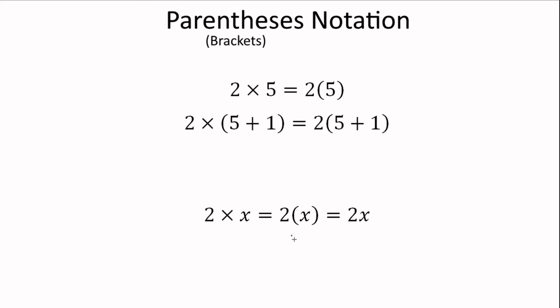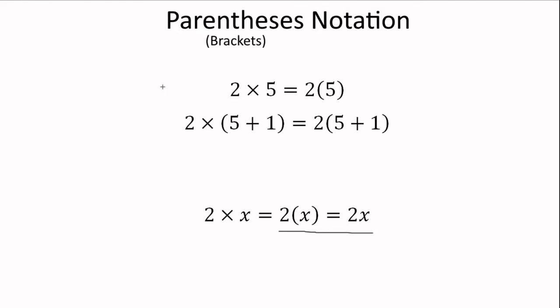So you have 2 times everything in the bracket, which is x. And if you simply multiply 2 with x, you just get 2x. So these are 3 different ways of writing exactly the same thing, but in algebra you would use these 2. These are the ones you'd see more often.